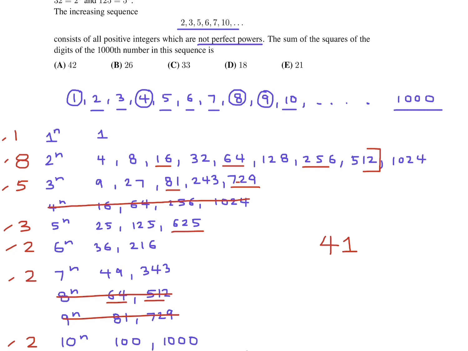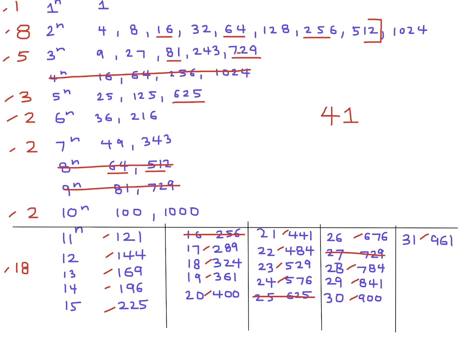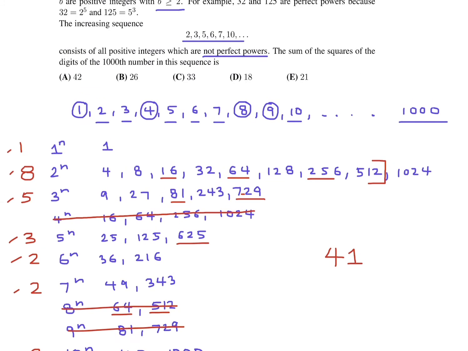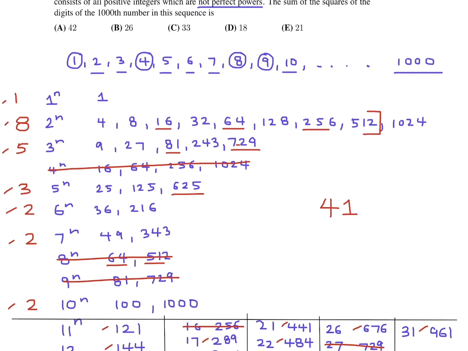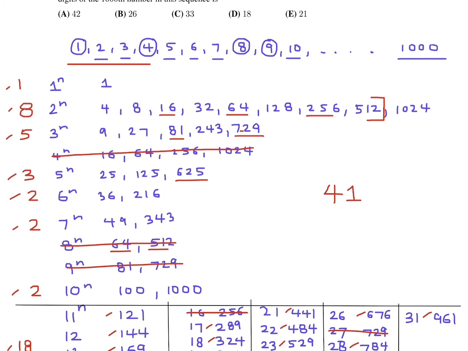And what I just made, this big long list here, were perfect powers. All of these were perfect powers because they can all be written in the form a to the power of b. So from 1 to 1,000, 41 of them I gotta get rid of.